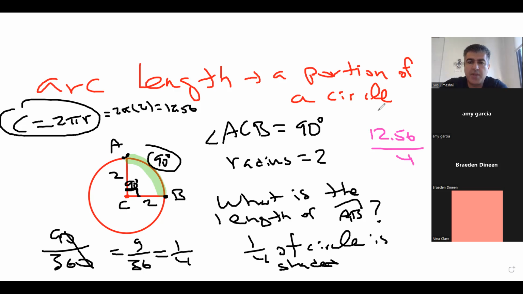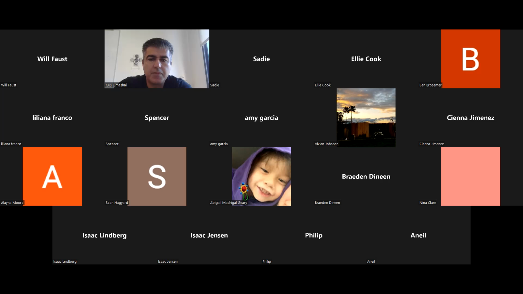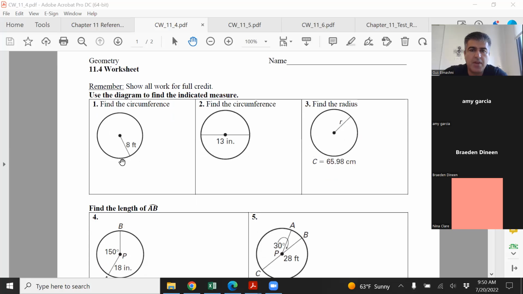So now let's talk about the problems. Okay. So first off, let's find circumference. So that'll be 16 pi feet. Here the radius is 6.5 because they give you the whole diameter.